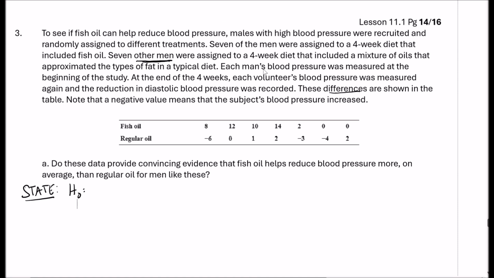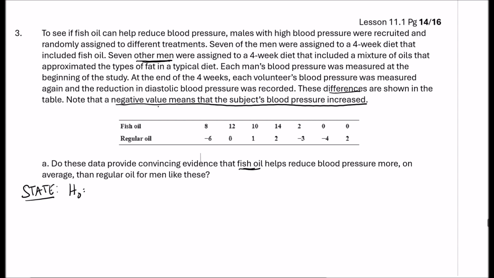It says that fish oil helps reduce blood pressure more on average, right? And remember, they said that a negative value means the blood pressure increased. So for the regular oil, a negative value means an increase in blood pressure.